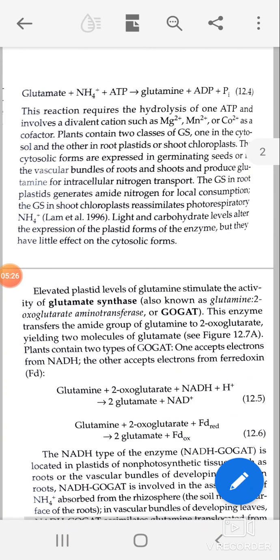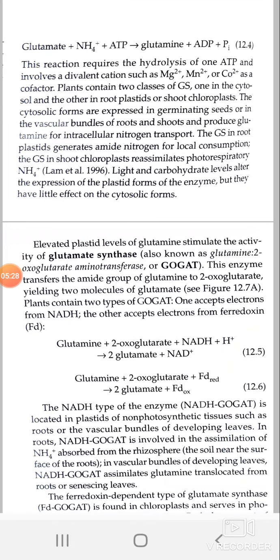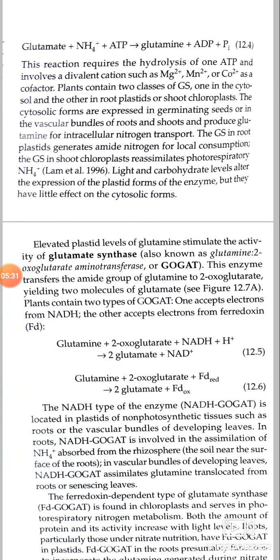The NADH form of the enzyme GOGAT is located in plastids of non-photosynthetic tissues such as roots or the vascular bundles of developing leaves. In roots, NADH GOGAT is involved in the assimilation of ammonium absorbed from the rhizosphere.